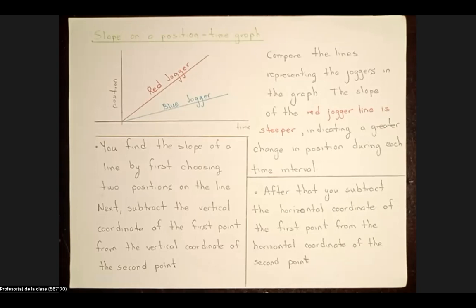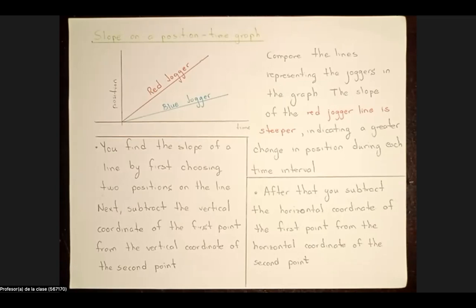You find the slope of a line by first choosing two positions on the line. Two different positions, that's very important. Each position will have a time, so you have to choose 2 points on the straight line.